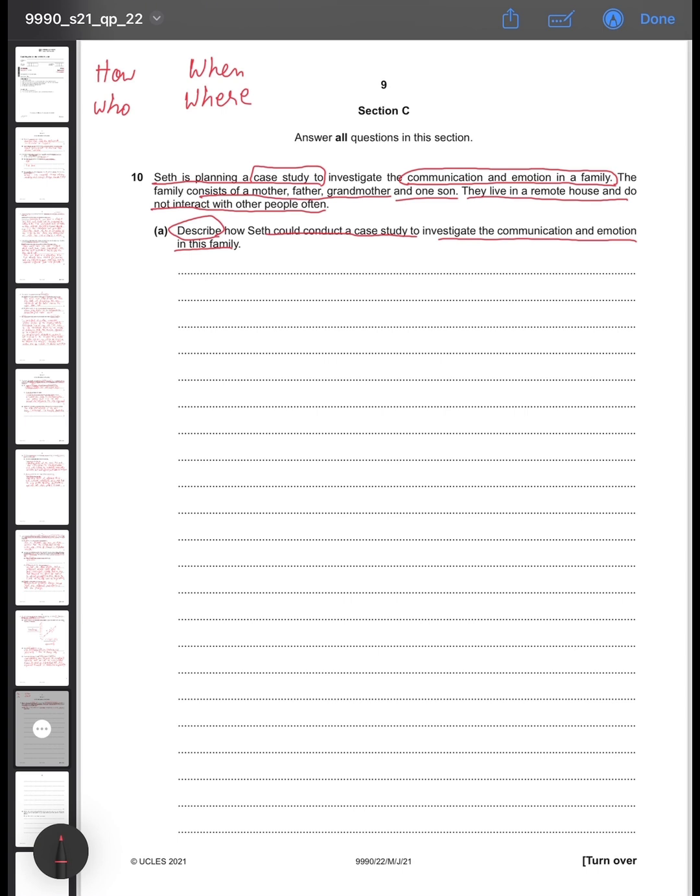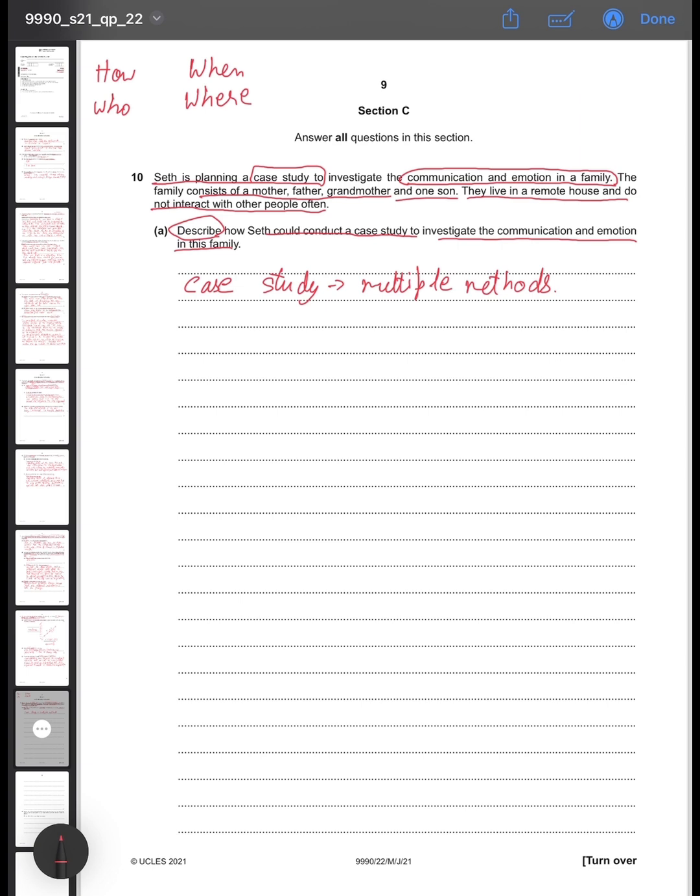Now there are these measures. So talking about the measure, the how. So how can he conduct a case study? If he is conducting a case study, then it can include multiple methods.